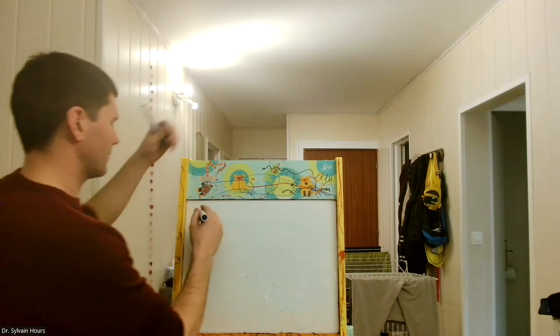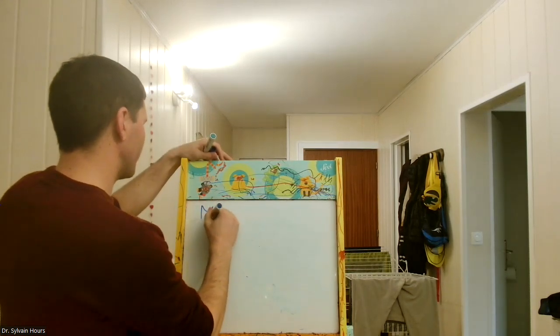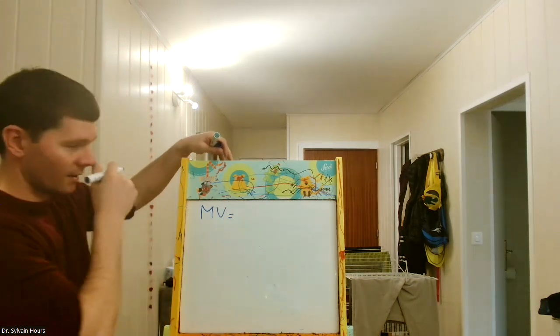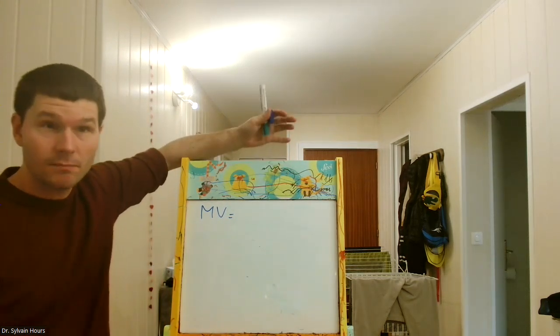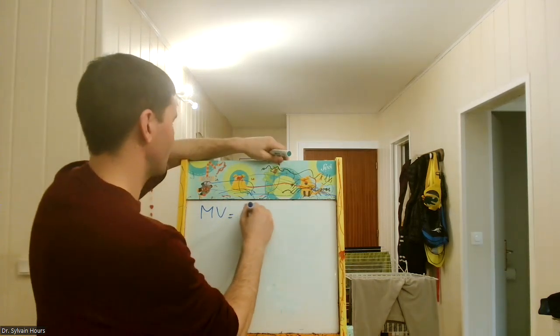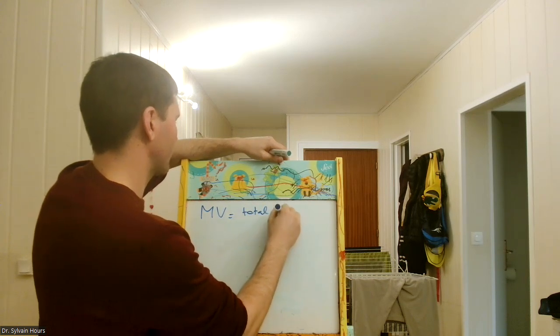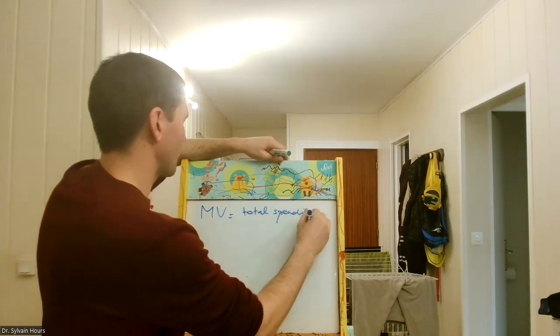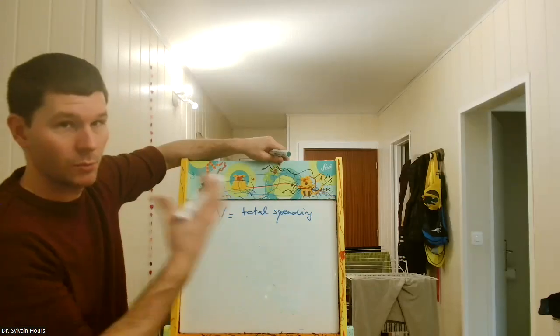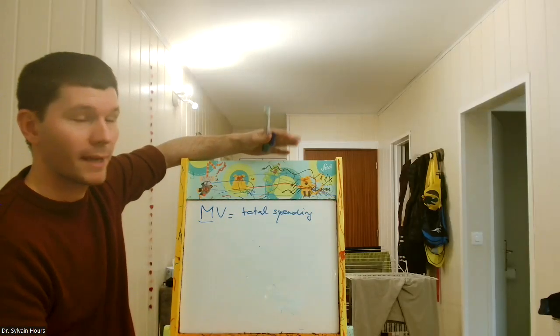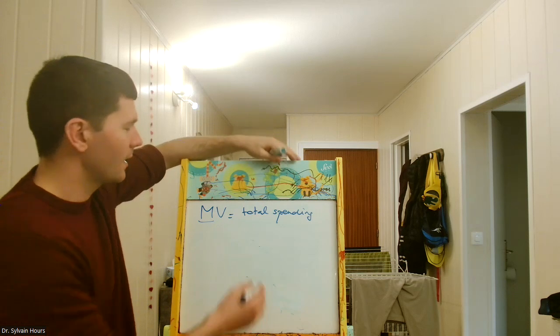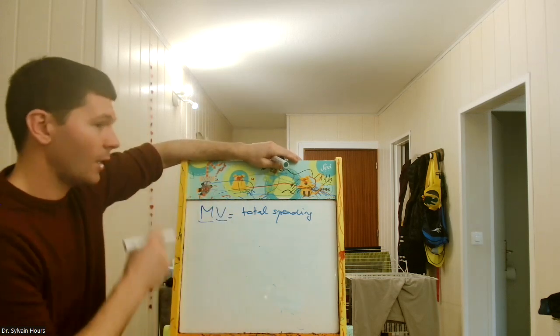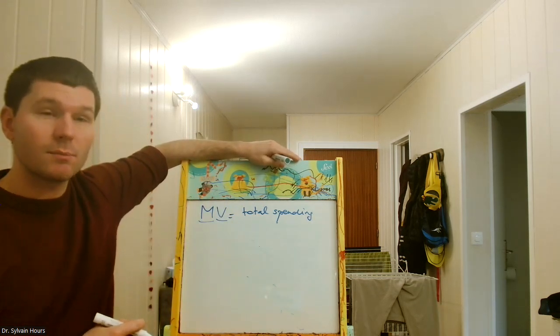So what do you think about this? Now let's try to analyze. M times V just measures how much money has been spent. So it's equal to the total spending in the economy. Because M is how much money we have, like the number of banknotes that we have, and V is how many times each banknote has been used.